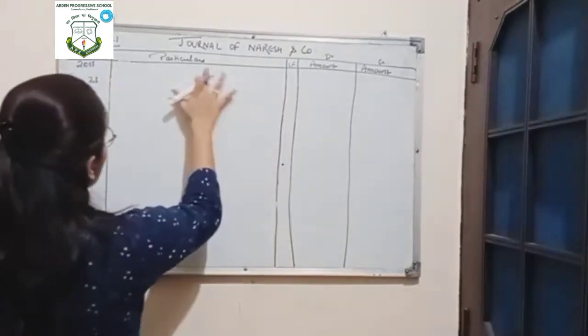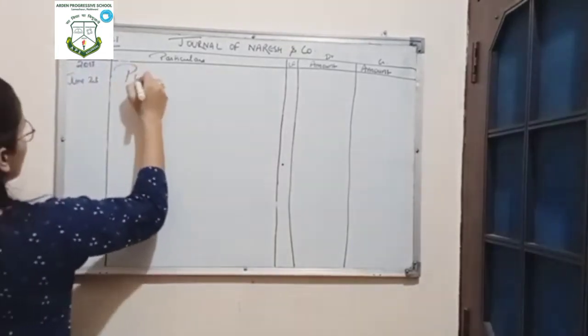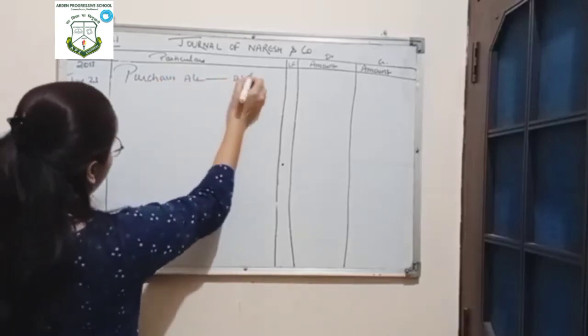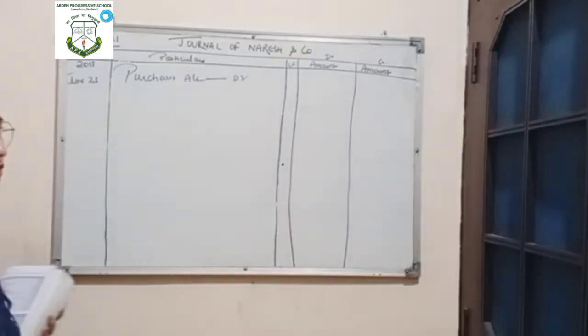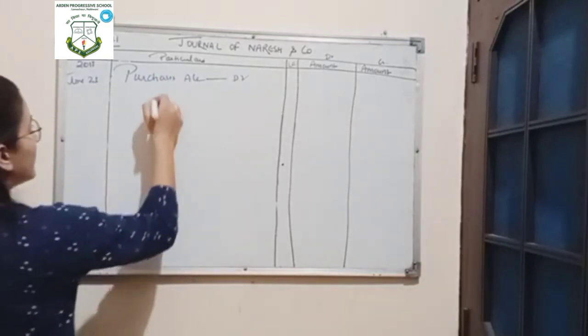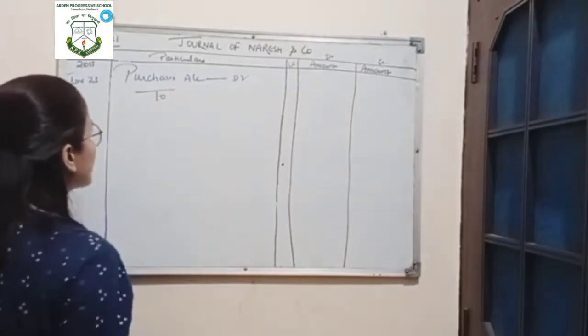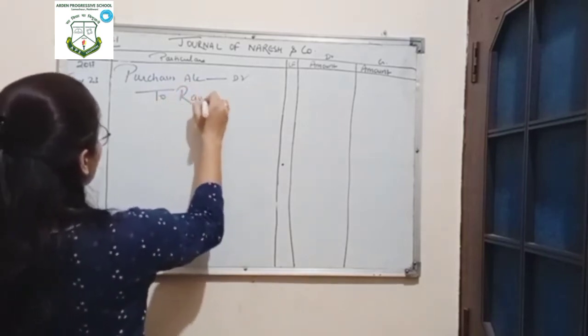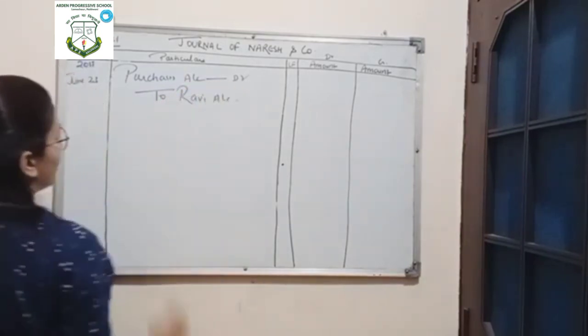Entry will be: goods are purchased, so it is an expense. Purchases account will be debited according to the nominal account rule because it is an expense. And who is the giver of goods? Giver of goods is Ravi, so Ravi's account will be credited.